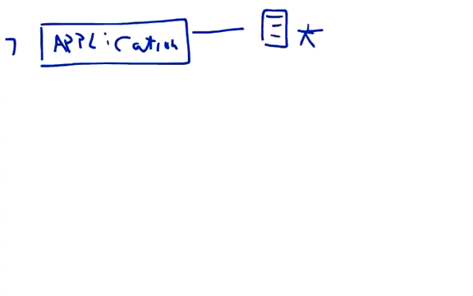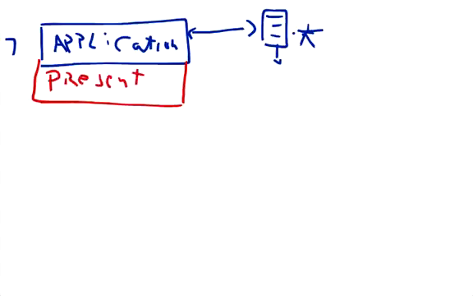For example, your internet browser, Microsoft Word, or different applications which you use to communicate are the examples of the applications, and these applications communicate with the application layer. Under the application layer we have another layer which is called the presentation layer.